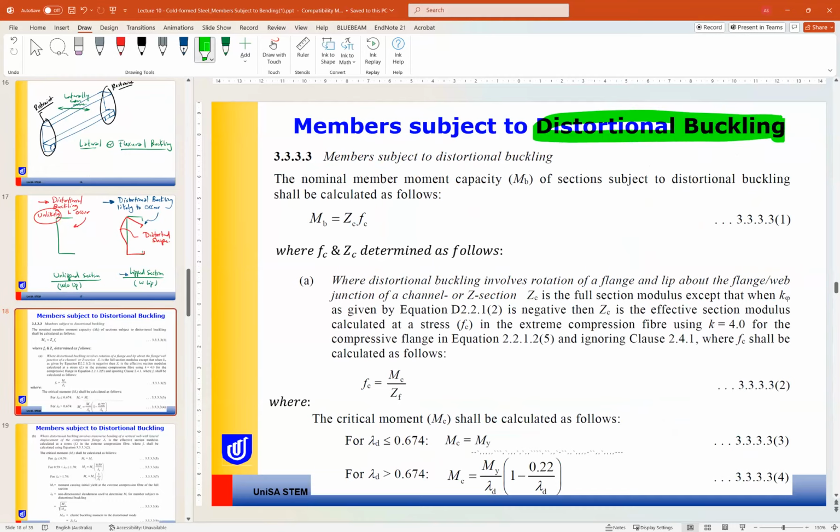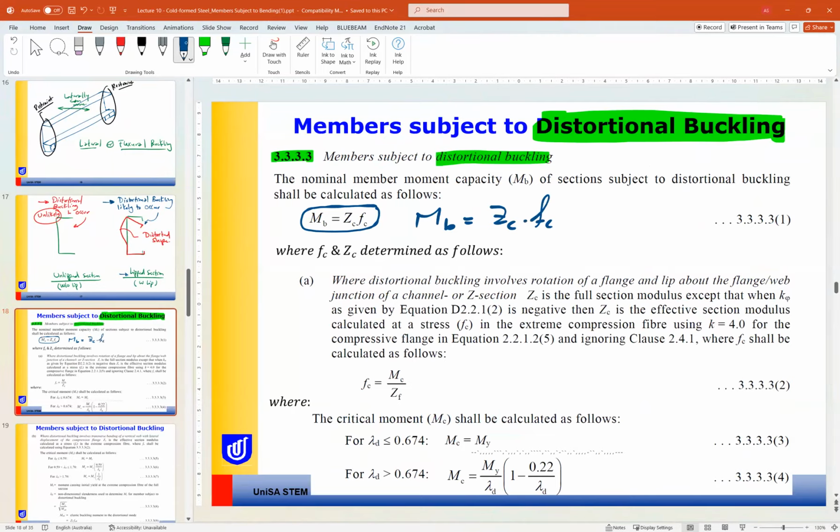So again, we have clause 3.3 covering the member under distortional buckling. So the formula, same formula as before, MB equal to ZC times FC.